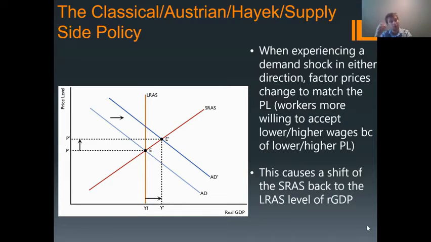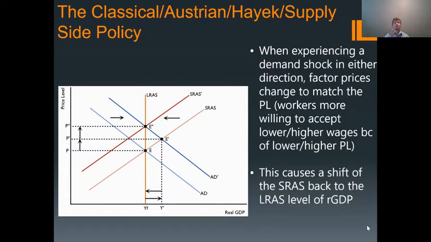So they argue for and receive higher wages. When they do that, the higher nominal wages is something that shifts short run aggregate supply to the left, once again bringing us back to our full level of employment. Once again, we've got a self correcting economy. That's what the classical side is all about. It's about short run aggregate supply always correcting the economy back in the long run.